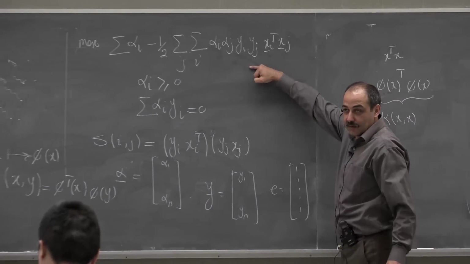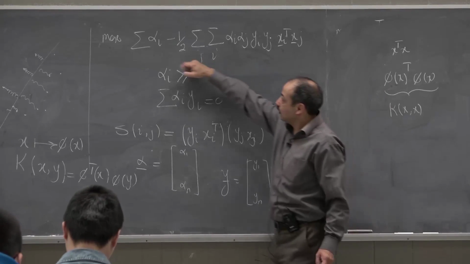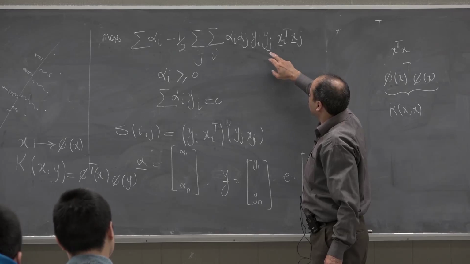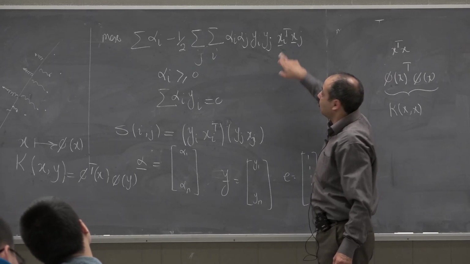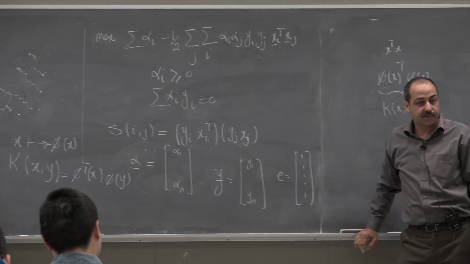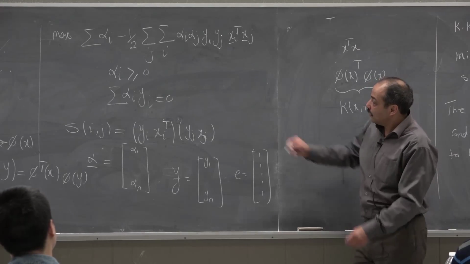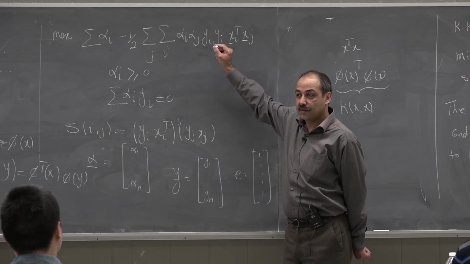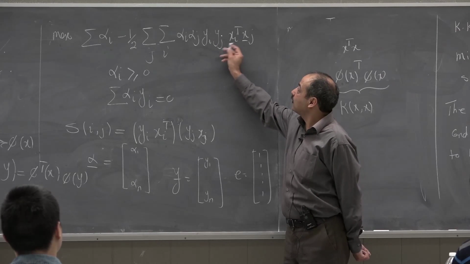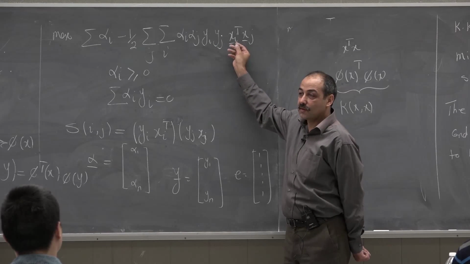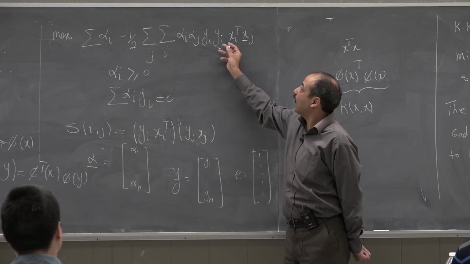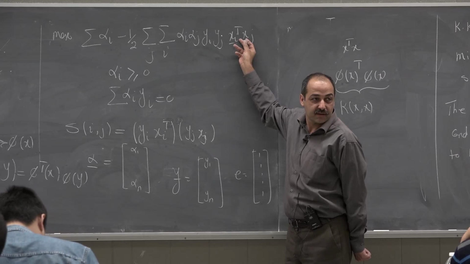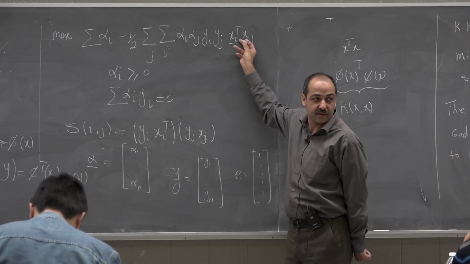Look at this objective function. The unknown is alpha, yi are my labels, and xi are my data points, right? The objective function does not depend on the coordinates of the points, but it depends on the inner product of points. I never have xi by itself. I have xi transpose xj, the inner product of these two points.